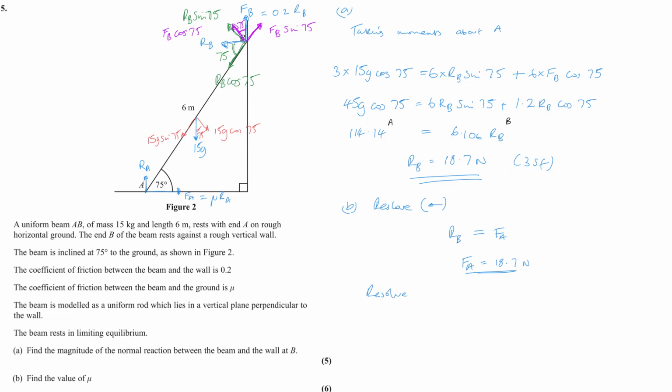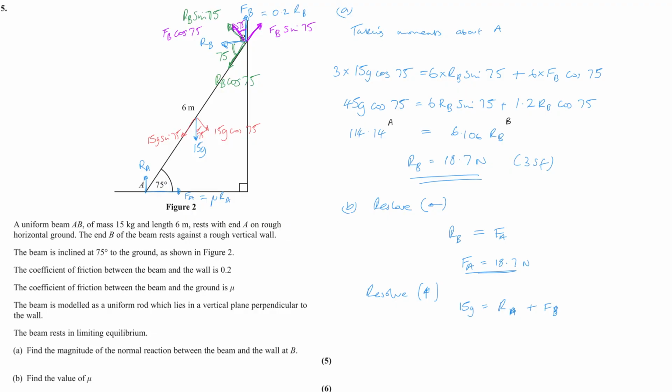Resolve vertically. So going down is 15g, and then going up is RA and FB.